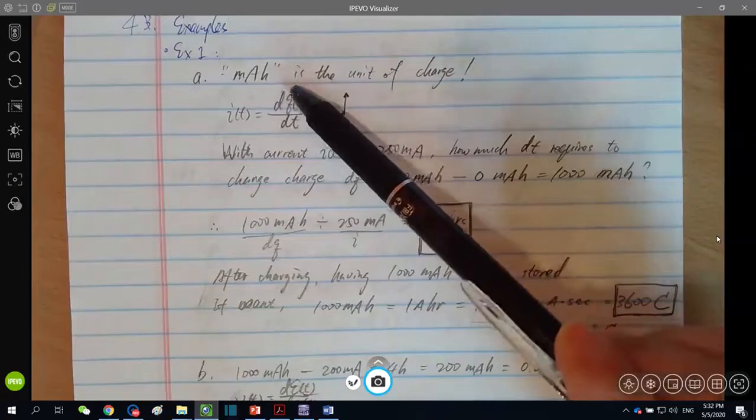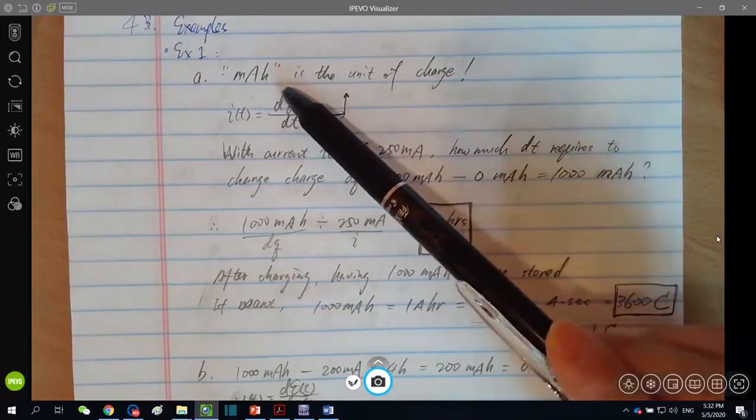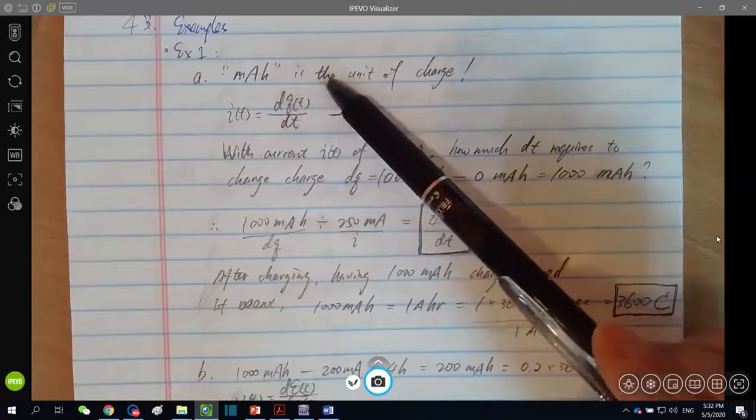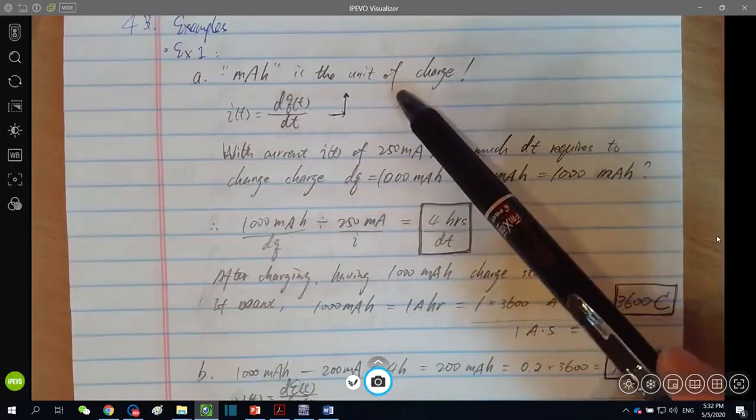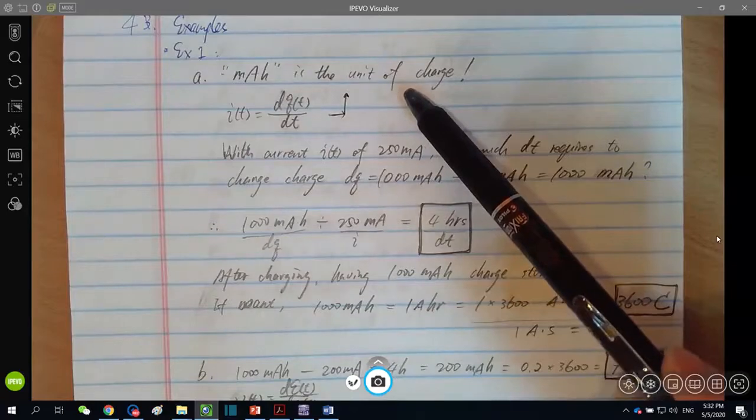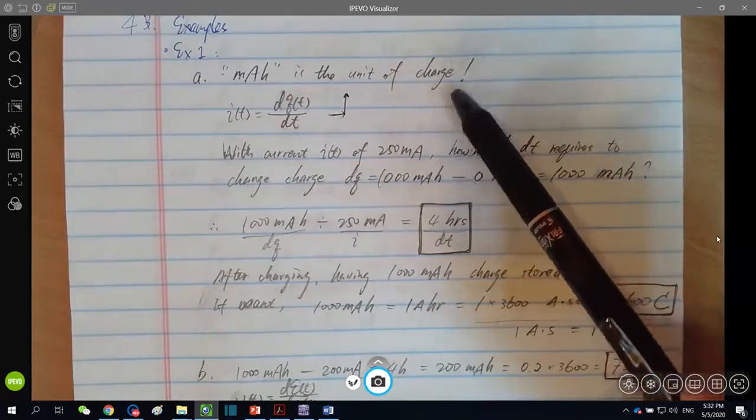So here is a very typical example for that. And so milliampere hour is the unit of what? Without knowing this, we can't proceed. Okay, and the answer is the unit of charge.